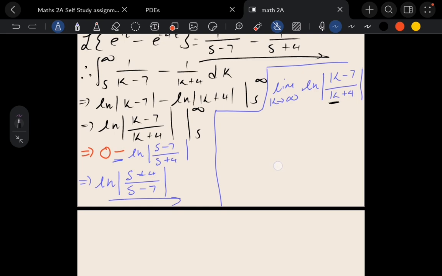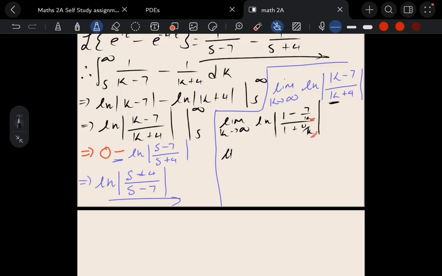So what do I mean by that? I'm going to have the limit as k approaches infinity of ln of 1 minus 7 over k, over 1 plus 4 over k. Now you understand again that when you substitute infinity, the 7 over k and 4 over k go to 0, right?